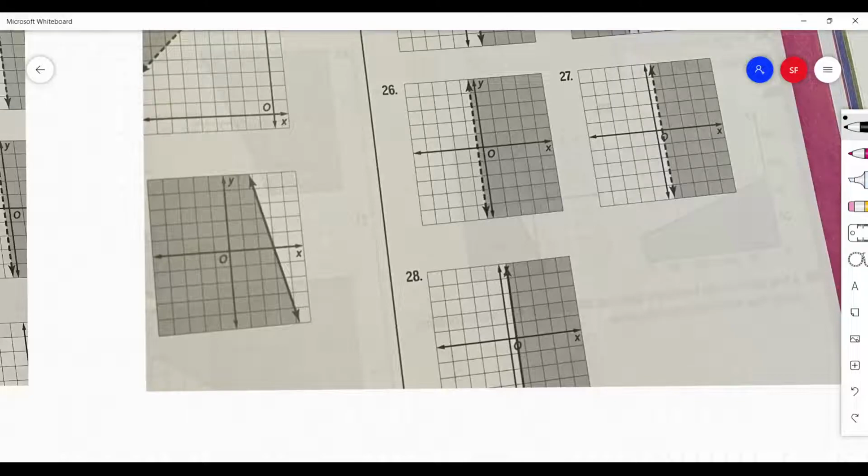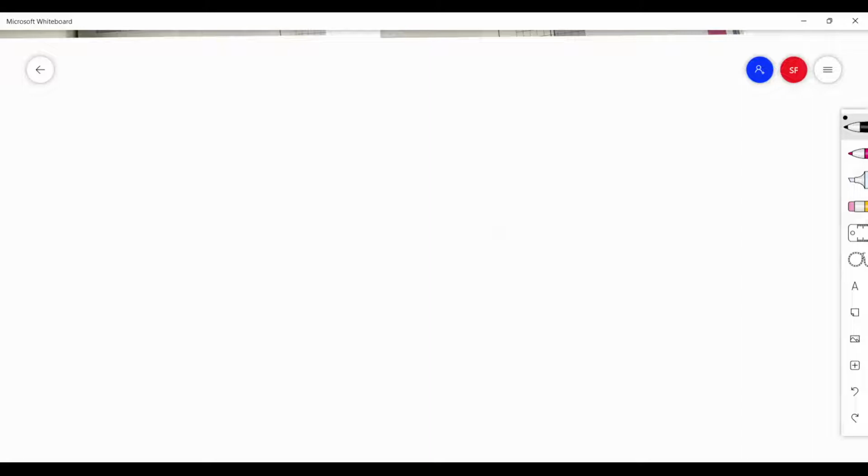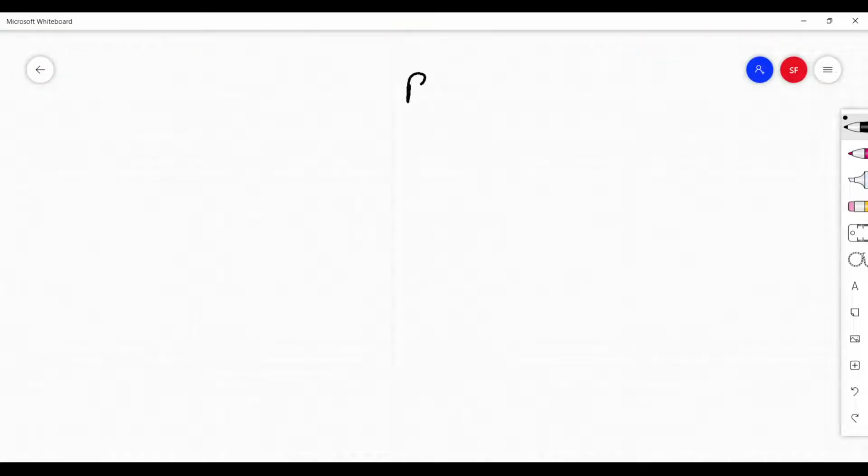Number 28, which is on page 320. Number 28.